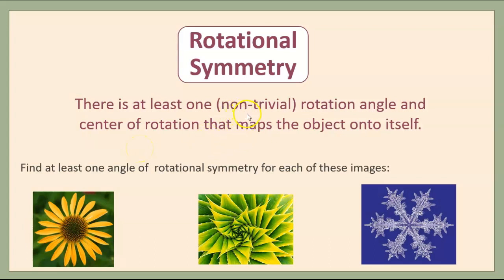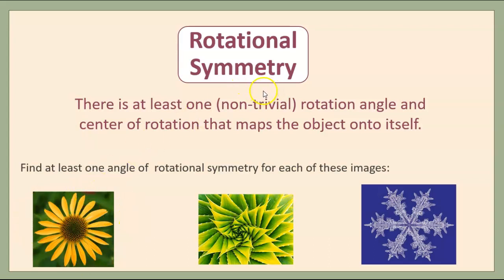What do we mean by non-trivial though? Well, if you look at any of these objects down here, any of these pictures, if you were to rotate this all the way around until the top side was here again, of course that would land on itself, right? You rotated it all the way around.